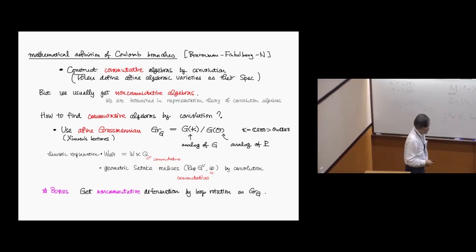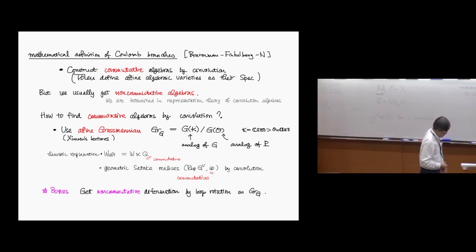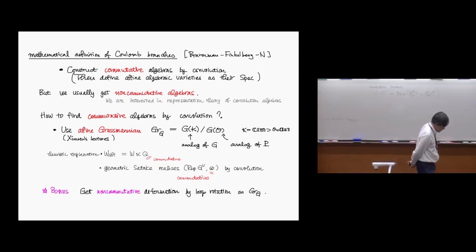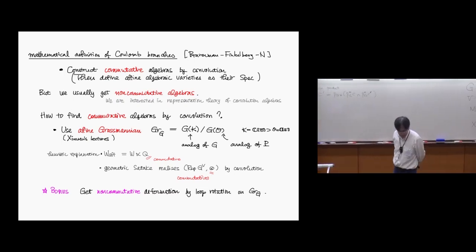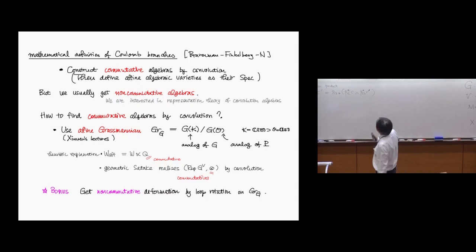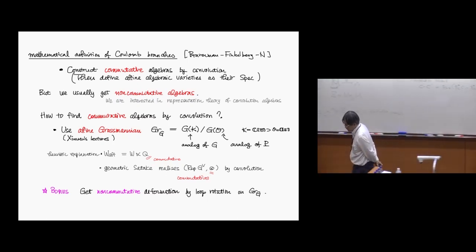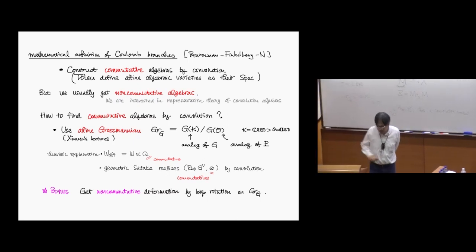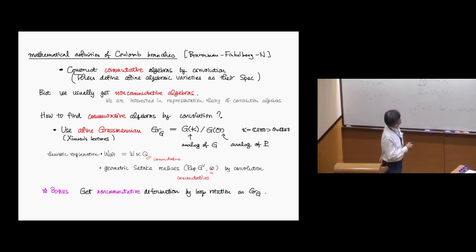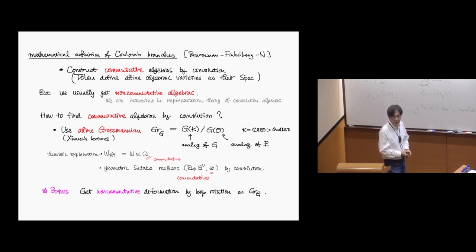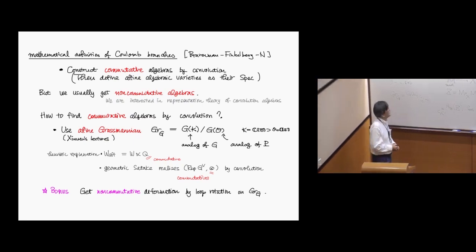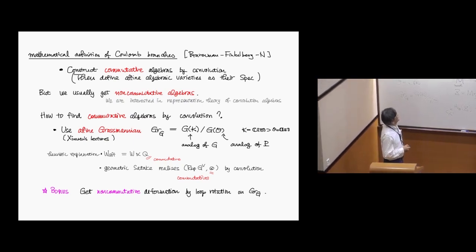Of course, representation theorists are interested in representations of non-commutative algebras, so this is the object which they are interested in. But because this is a deformation of a commutative algebra, some study of commutative algebra helps to understand this non-commutative algebra. So in that sense, this is a very good situation.